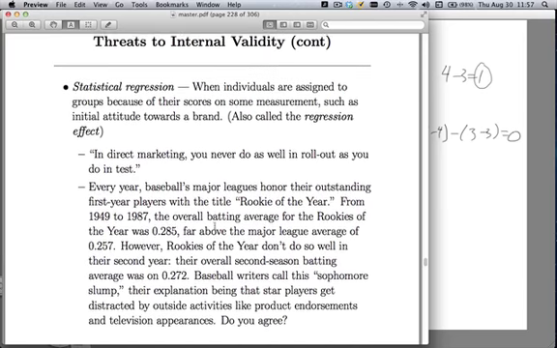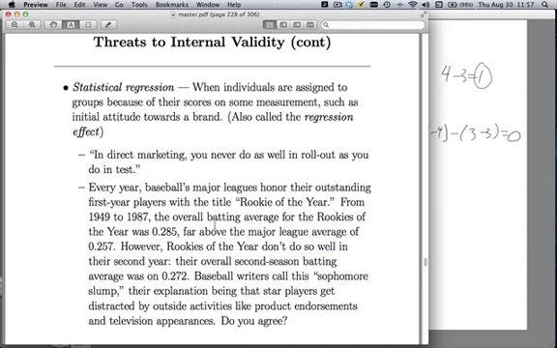Statistical regression is a special type of selection bias. Statistical regression occurs when you assign people to the two groups based on a pre-measure. So people who are high get assigned to one group.